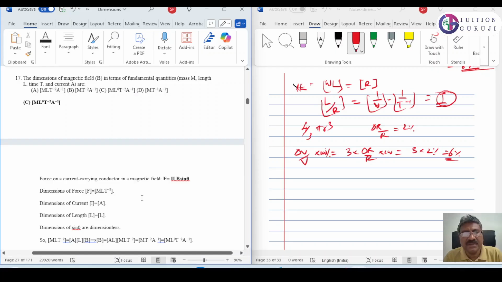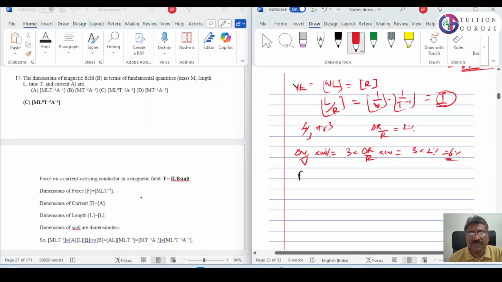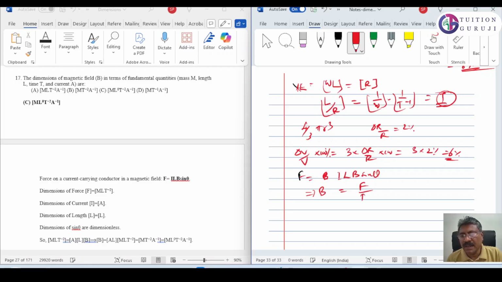Now the dimensions of magnetic field B in terms of the fundamental quantities mass, length, time, and current A. So we have to find the magnetic field B. We know the formula F is equal to B I L sin theta. From this we can find the magnetic field B is equal to F by I L sin theta.